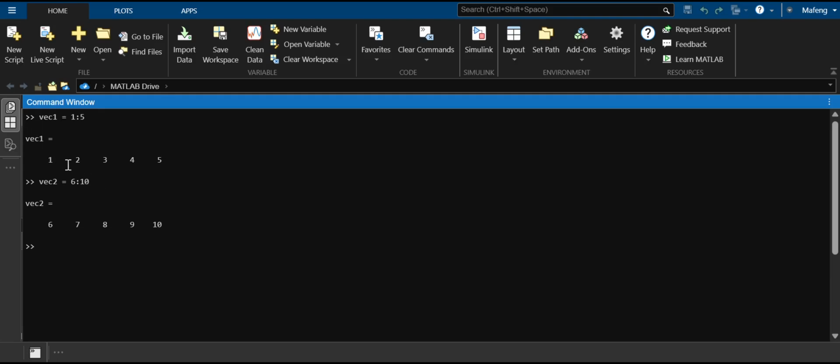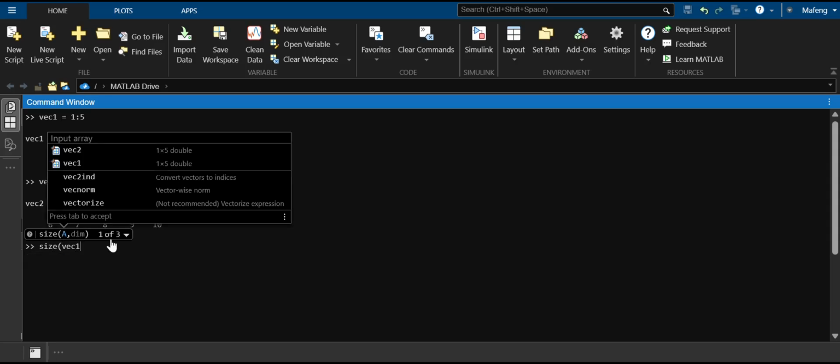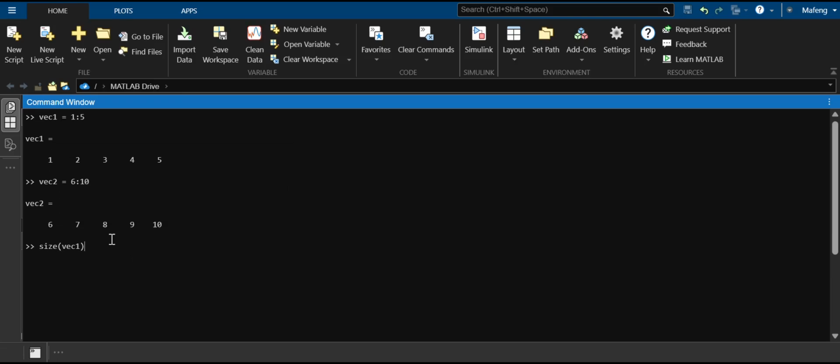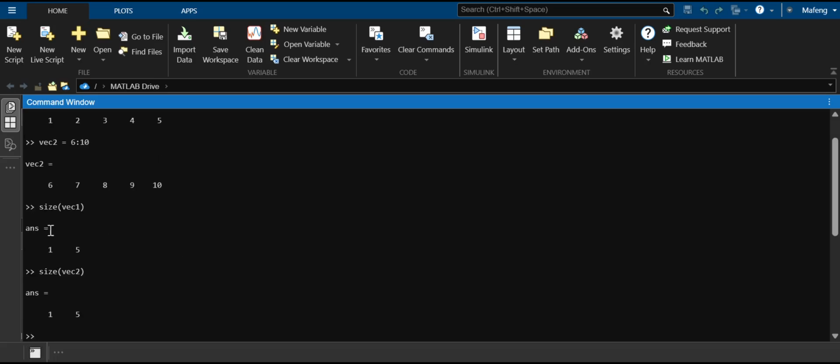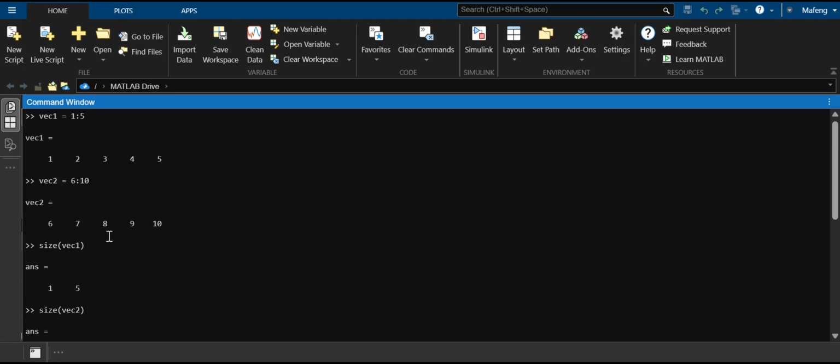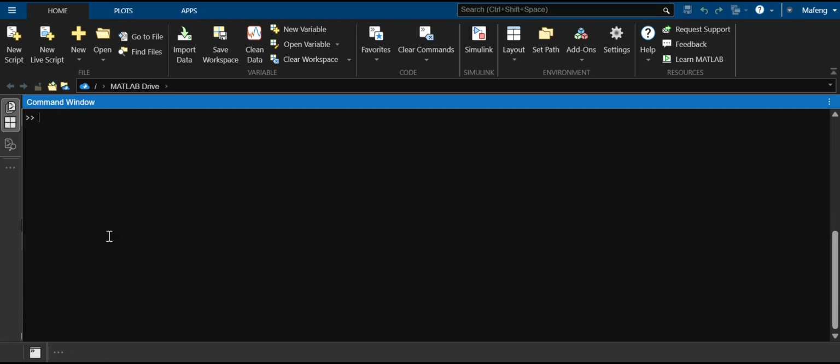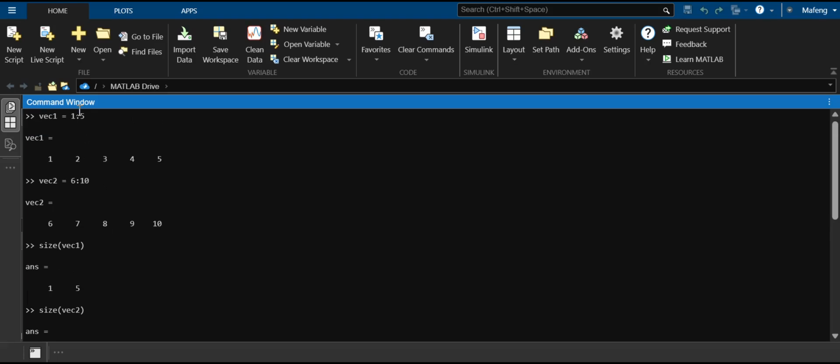So this vector and this vector must have the same dimensions. We use the size function, and you see that the number of rows and number of columns for both vectors must be equivalent for you to be able to carry out this addition or subtraction, right?